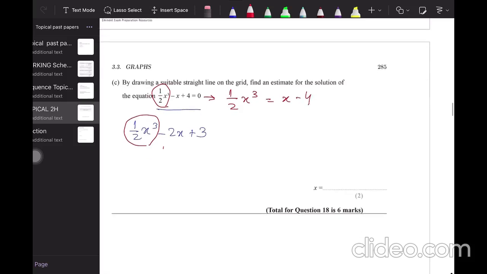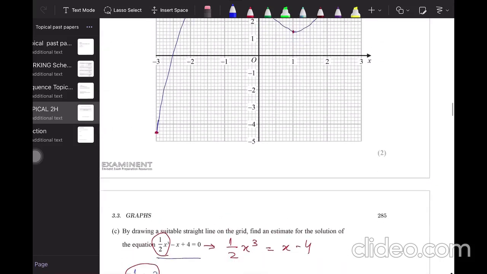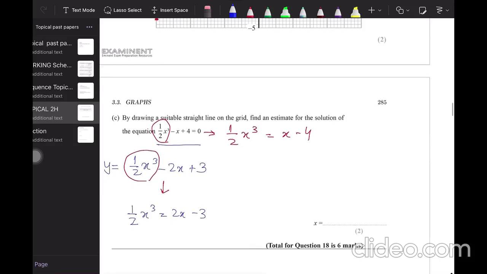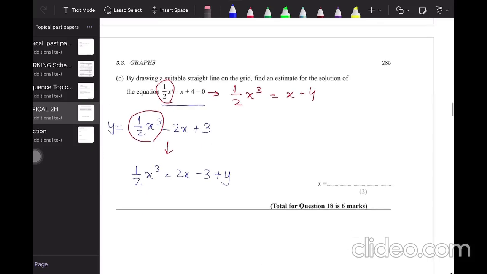And if I work on the function, I will get half x cubed is equal to 2x minus 3, because this whole equation was equal to 0, and this whole equation was basically equal to y. So this will be 2x minus 3 plus y, because it's already there.